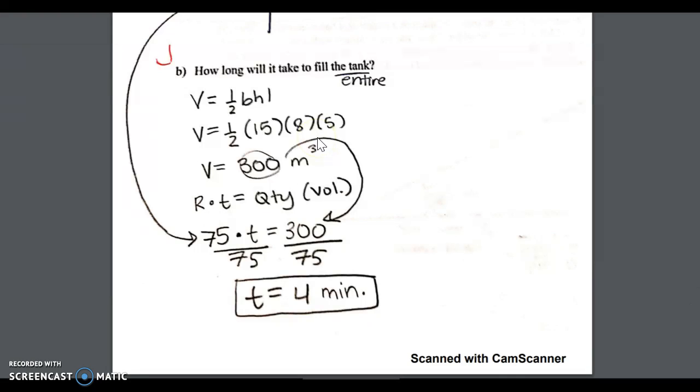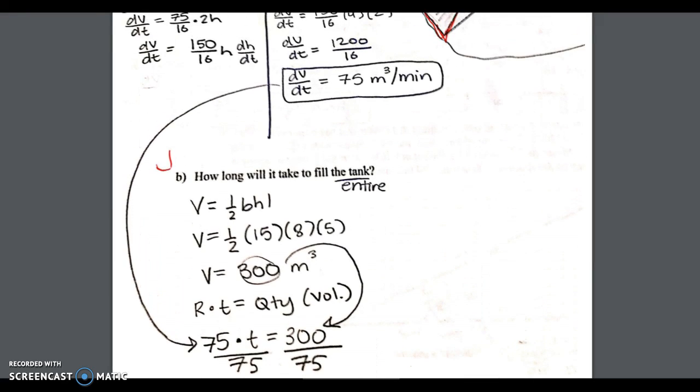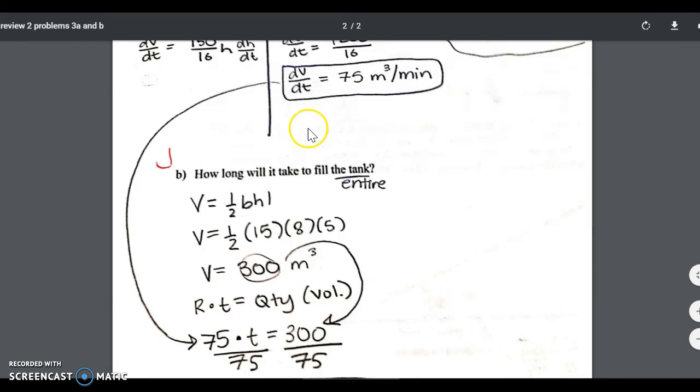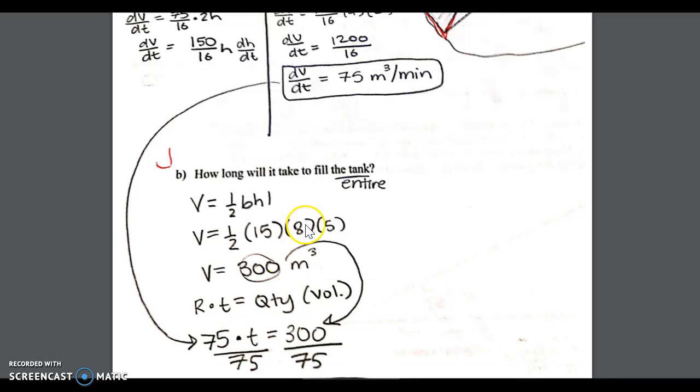What we also know is that 300 meters cubed is strictly the volume, but we know as well what dV/dt is right here. So if we recall that rate times time gives you quantity, which is our volume, then we can use that quantity right here, which we know is going to be for the entire tank, and that's going to be 300 meters cubed.